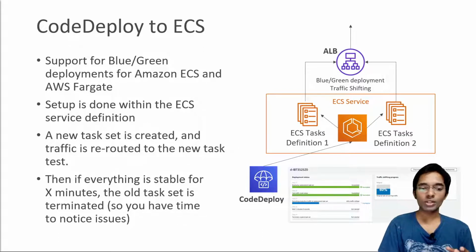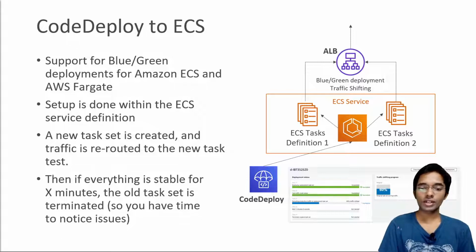So there's going to be a blue/green deployment and a traffic shifting feature that will happen. And so the ECS service itself will start launching a new task set using task definition number two, and that will be linked to the application load balancer. And then CodeDeploy will make sure that the traffic shifting happens.